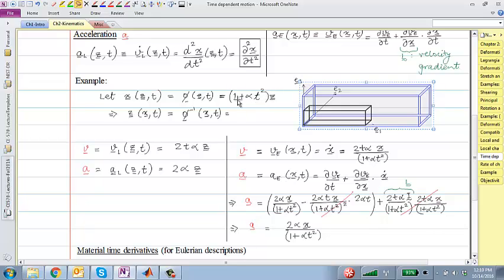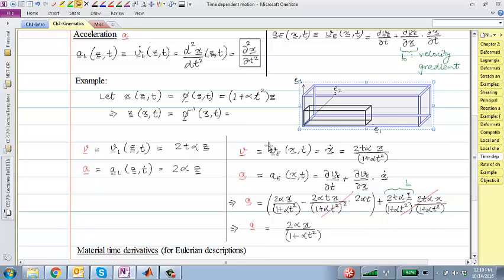The time derivative of 1 plus alpha t squared would be what? 2t alpha z, right? 2t alpha would be the derivative here, and z remains unchanged, and that is the velocity. Take another time derivative, you get 2 alpha z. So each point in this body is accelerating with a constant acceleration of 2 alpha z. Okay.